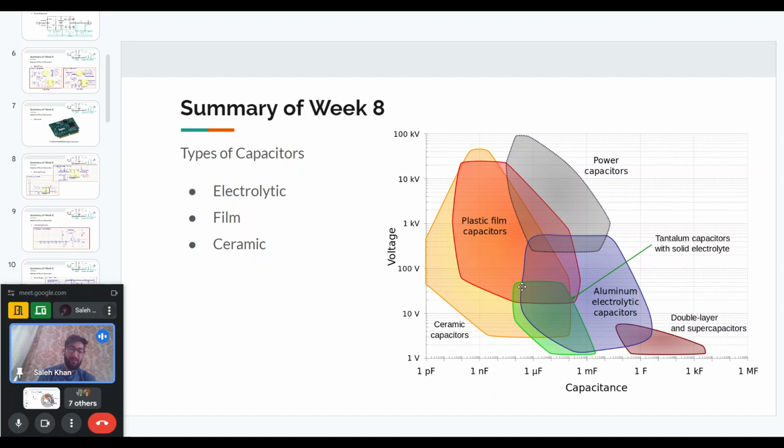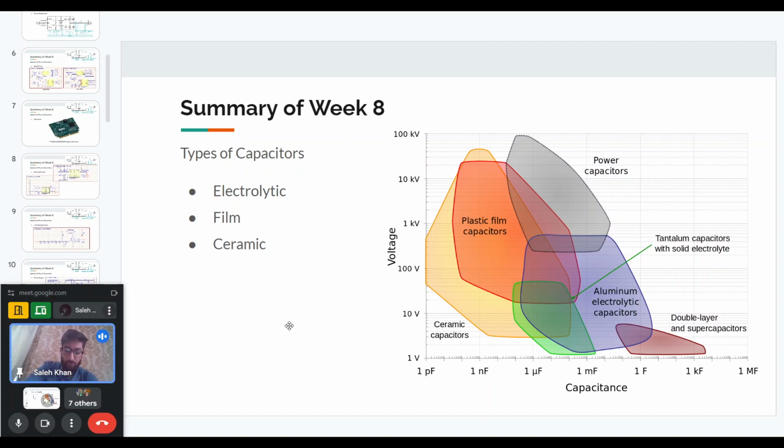So for all these aspects, you have to choose from the different types of capacitors that are available, based on your requirement. The three main types of capacitors that are available are the electrolytic capacitors, secondly the film capacitors, and lastly we have ceramic capacitors.